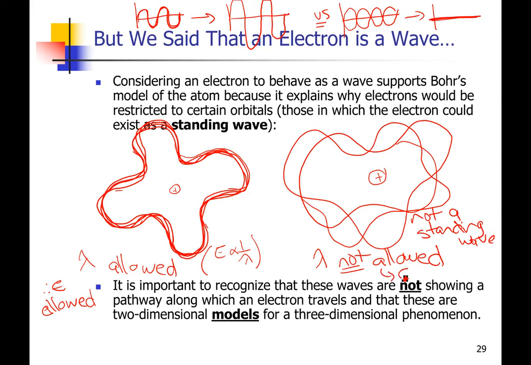And therefore we have an energy that is not allowed. And we can introduce this idea that the wave nature of the electrons is what allows for those orbitals to have specific allowed energies.